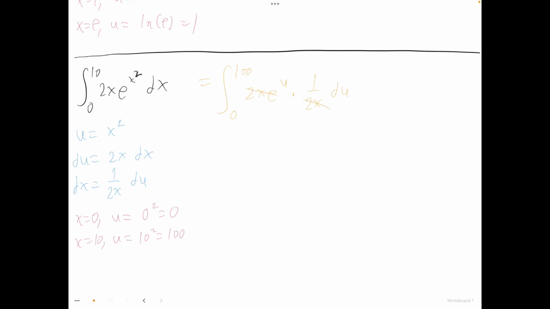The 2x's cancel, and we're left with the integral from 0 to 100 of e to the u du, which is just e to the u from 0 to 100, because the antiderivative of e to the u is e to the u. So I get e to the 100 minus e to the 0, which is e to the 100 minus 1.